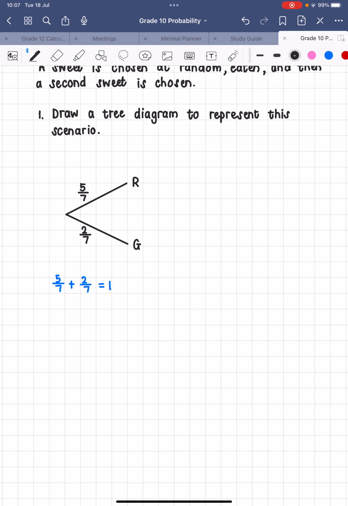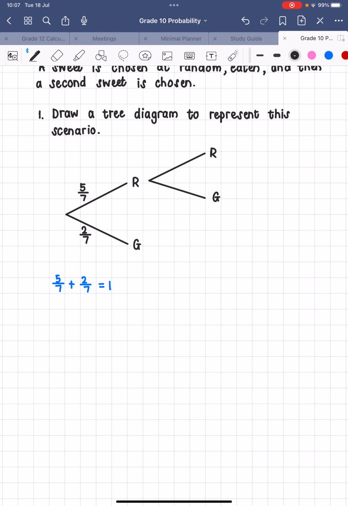Okay, now when we are drawing the second sweet, right, there are 4 things that could happen, all right? The first sweet can be red and the second sweet can also be red. That is one possible combined outcome of this whole thing, right? Both sweets that I draw are red. Or if my first sweet is red, the second one can also be green, right?